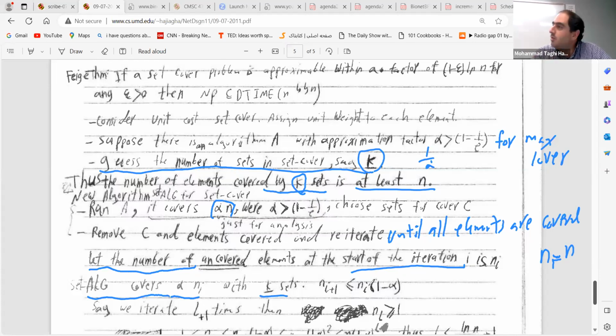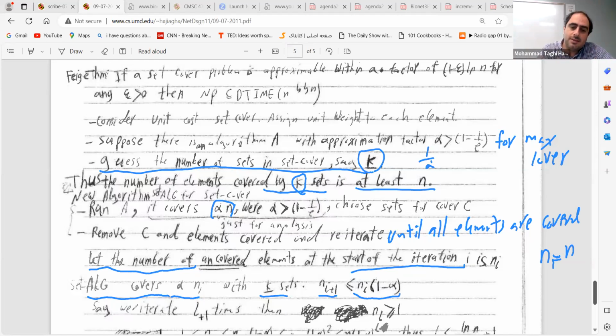At each iteration this happens because those original k sets of the solution are always a solution in each of these inputs. So I know that n_{i+1} is less than or equal to n_i times (1 minus alpha), because it covers at least an alpha fraction. So the remaining items would be less than the previous amount times (1 minus alpha).